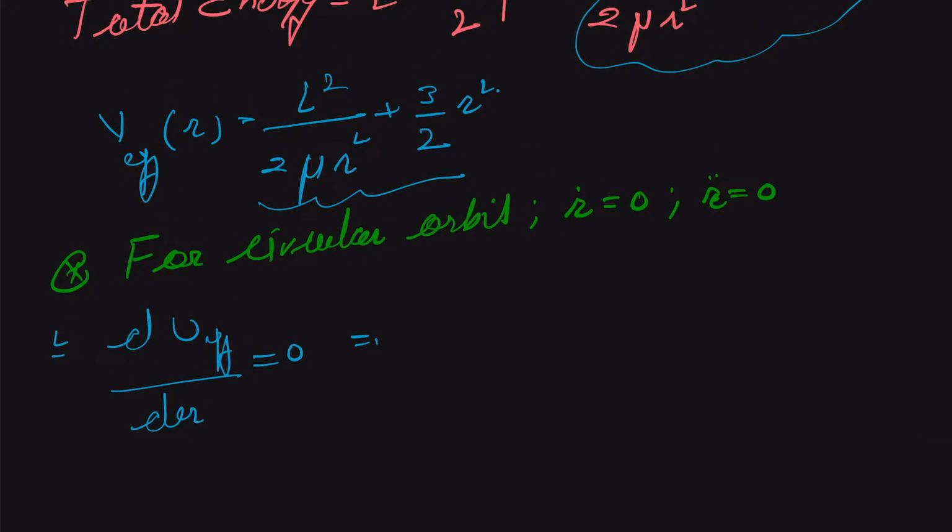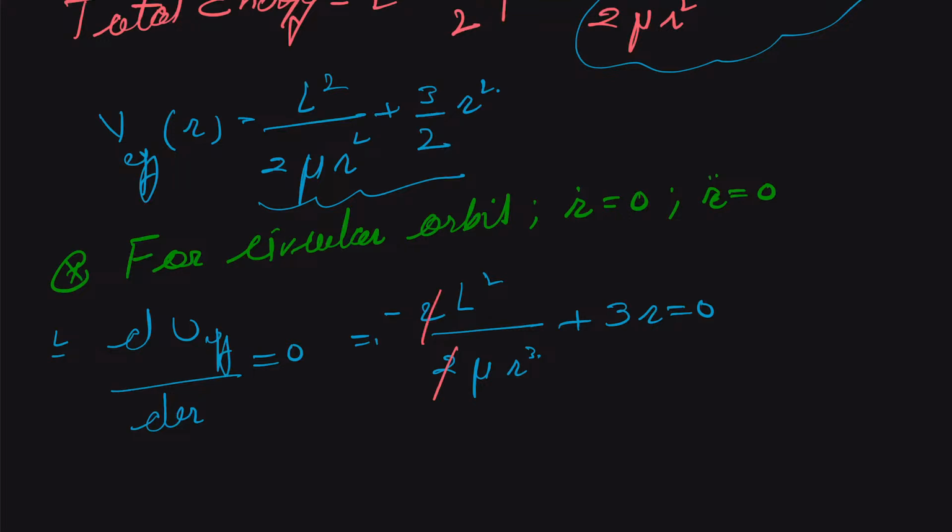And we can just differentiate the V effective and equate it to 0. So this gives us L square upon 2 mu r cube, with a minus of 2, and this will be a plus 3r is equal to 0.